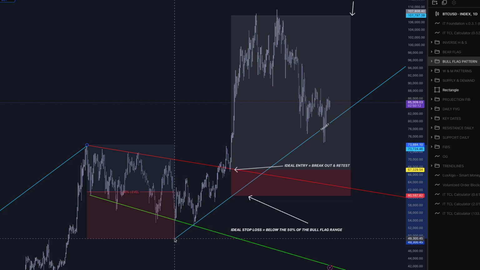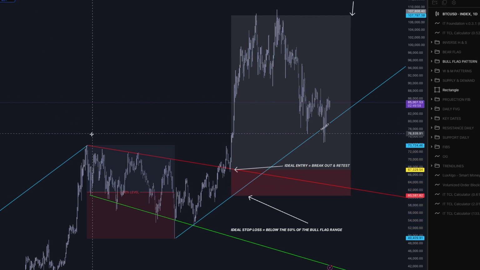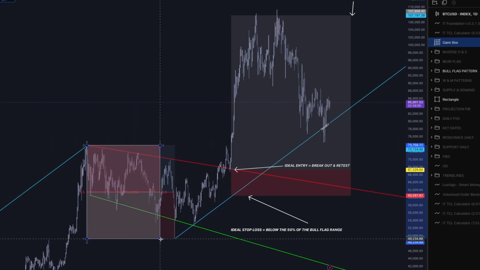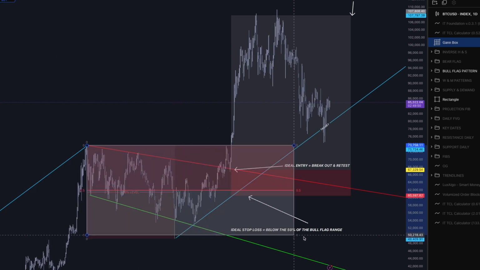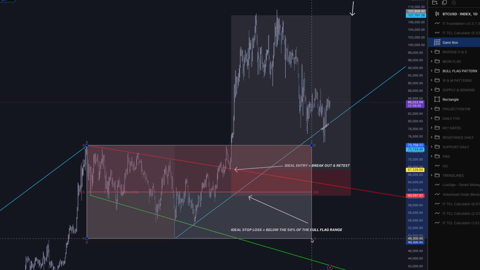So our bull flag low was here around the 49 mark, and our high was the ETF all-time high at the time, 73.9 or 73.8. And using your fib, or you can use a Gann box, which is the same thing, the 50% level tends to be a good spot to place your stop loss outside of.